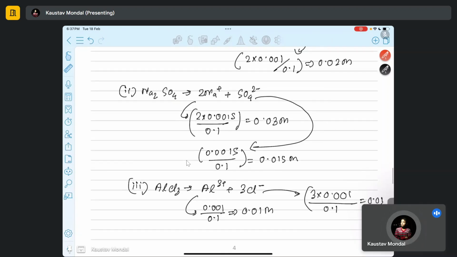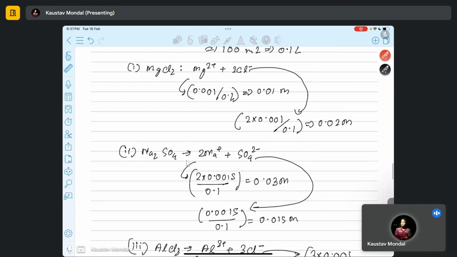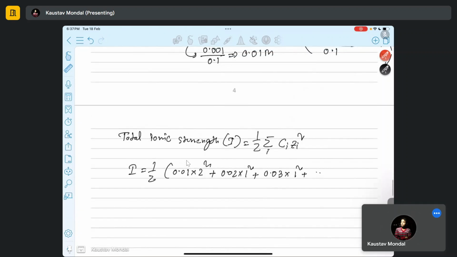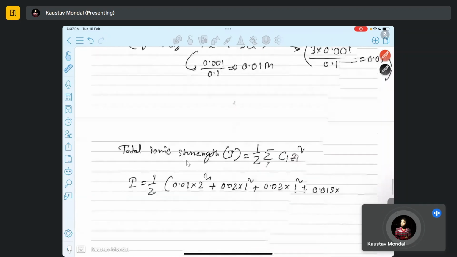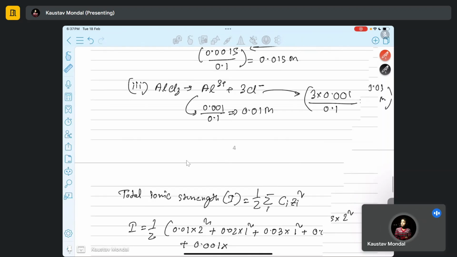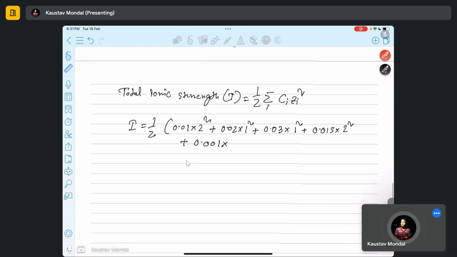Next comes SO4 2-, which has 0.015 into 2 square, as it has 2 units of anion. Plus AlCl3.